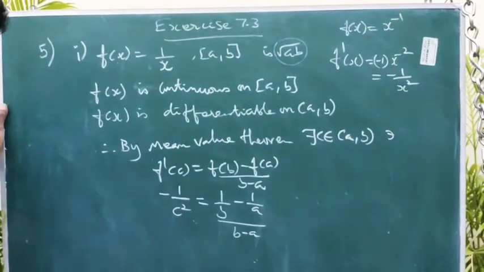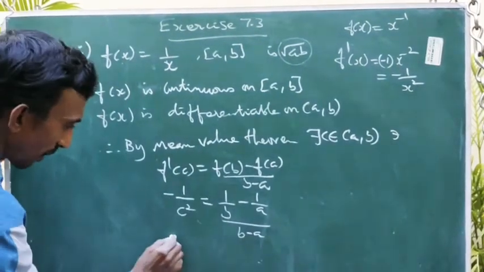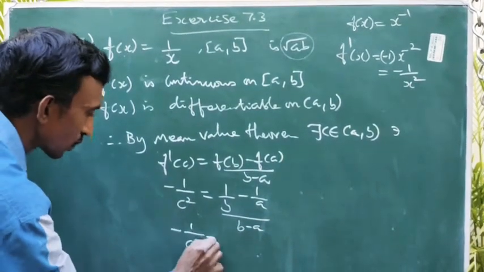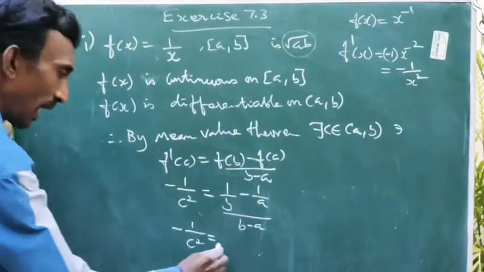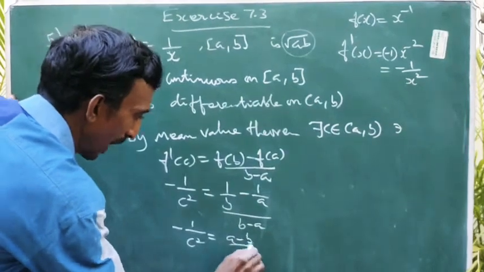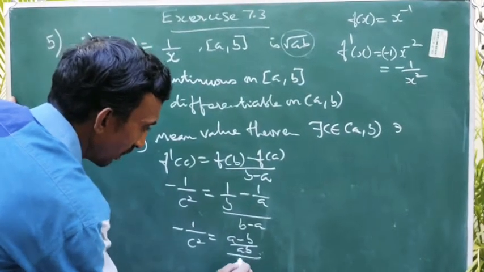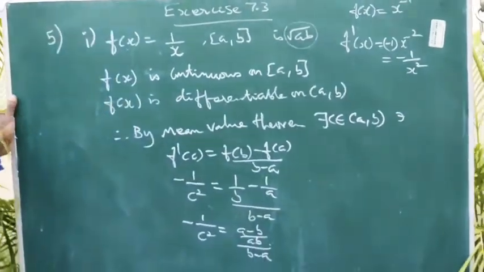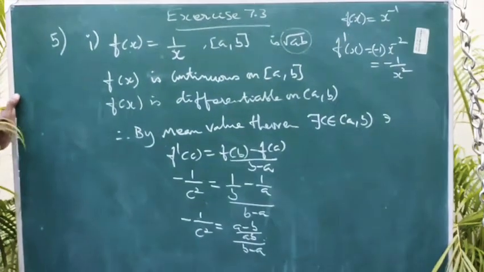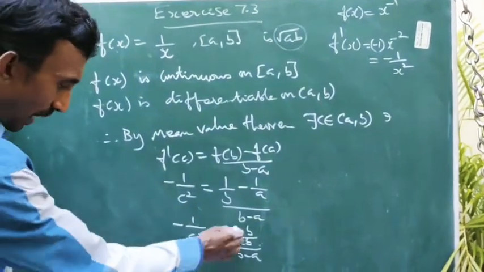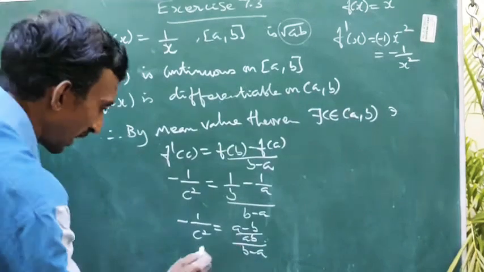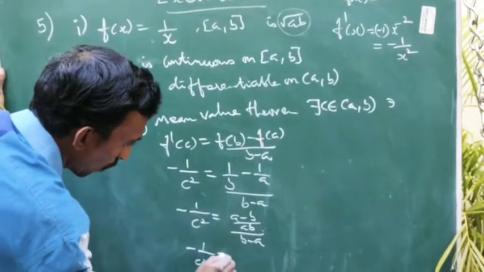Okay. So here take the LCM, minus 1 by c square equals a minus b by ab divided by b minus a. Very clear? Listen, here a minus b, or you can write one more step.